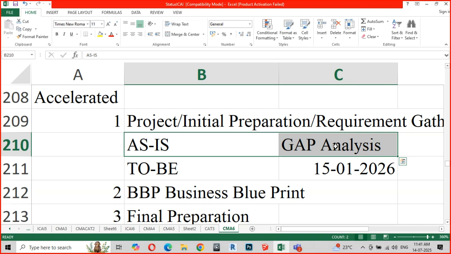Okay, they are documented. The points are actually written down. And the most critical thing is that both the parties sign on each and every page of this particular document.